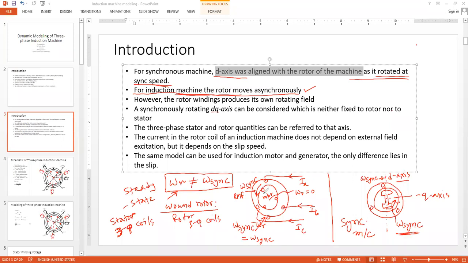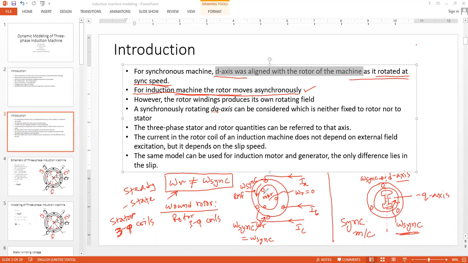As I said a few slides ago, the rotor coils should be short circuited. In the squirrel cage, it is short circuited from the manufacturer end. But if it is a wound rotor, as a user you have to short it, either through simple resistors or directly.